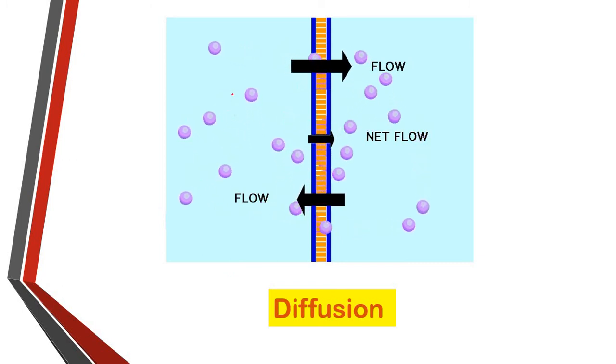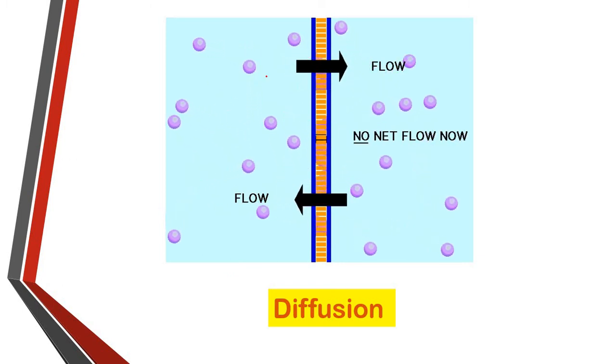The nutrients or water molecules will flow through this permeable wall to the next cell. And when the amount of nutrients or liquid are equal, the flow will stop.